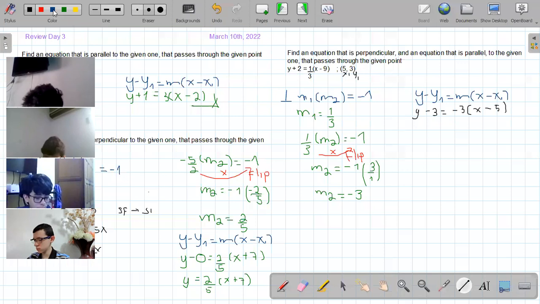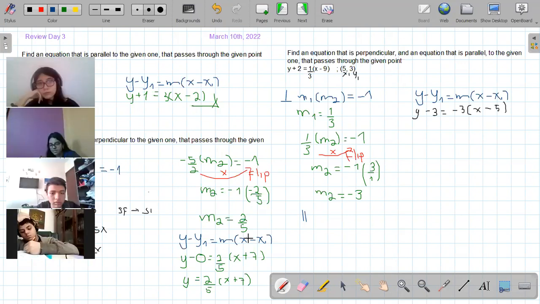Let's go with the parallel one. Okay? So let's begin again. What is the formula for parallel equations? M1 equals to M2. Very good.